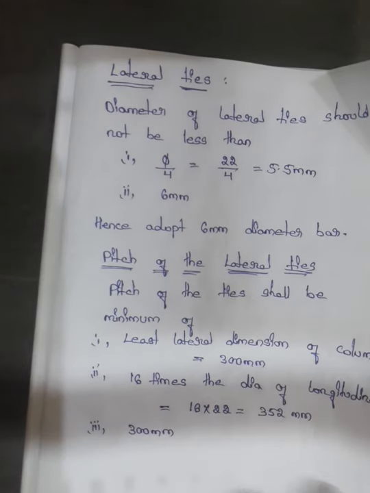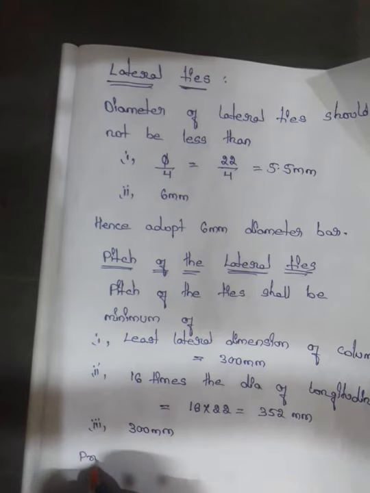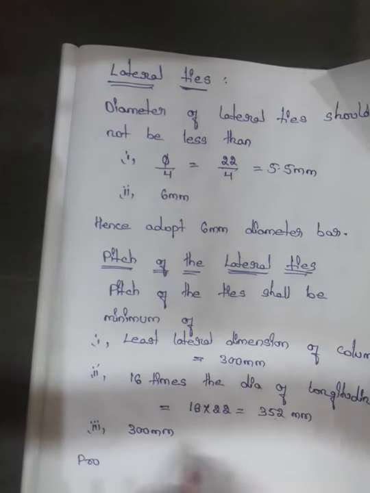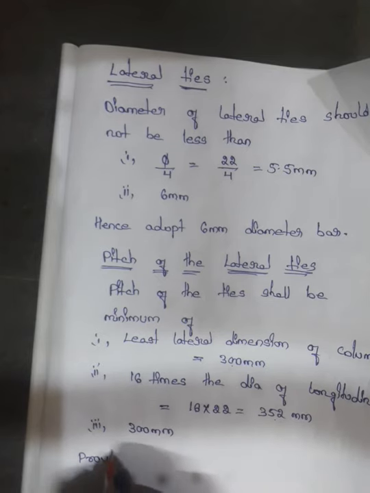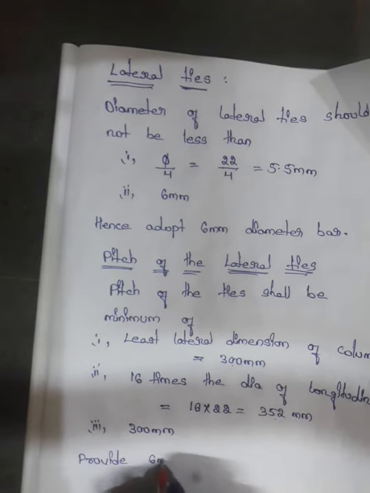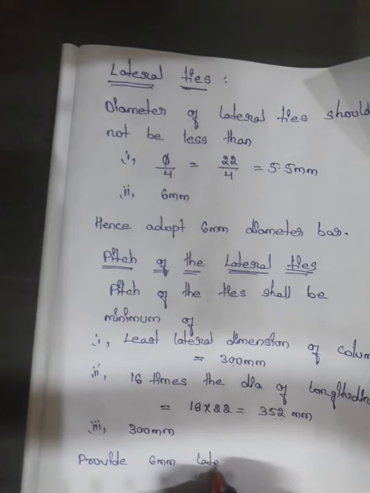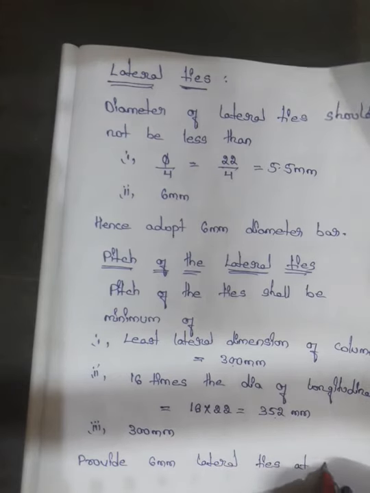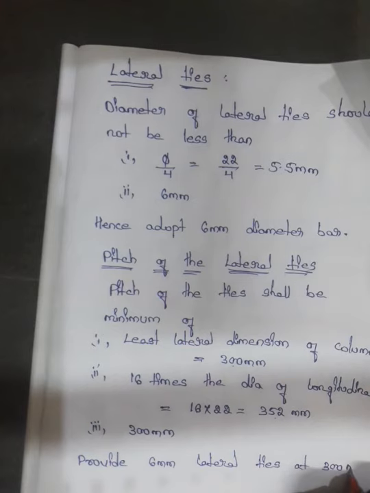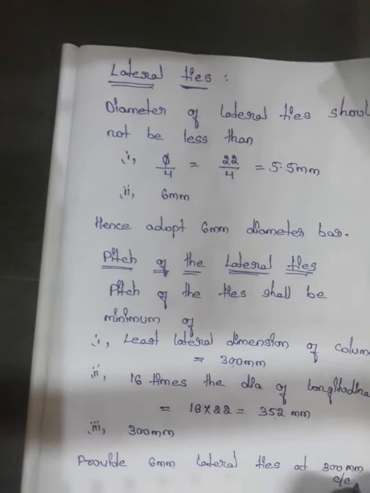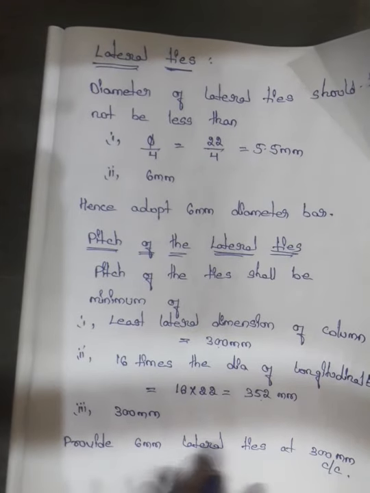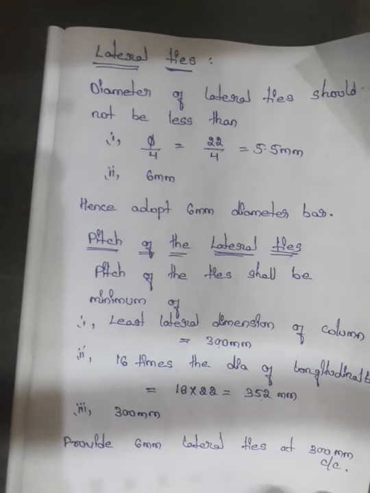We need to take the least of these. So 300 is there, 352, 300 is there. So we need to provide 300. So provide 6 mm lateral ties at 300 mm center to center.